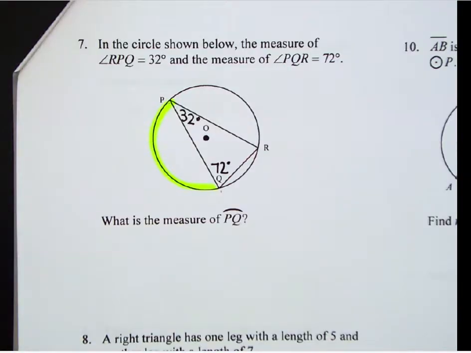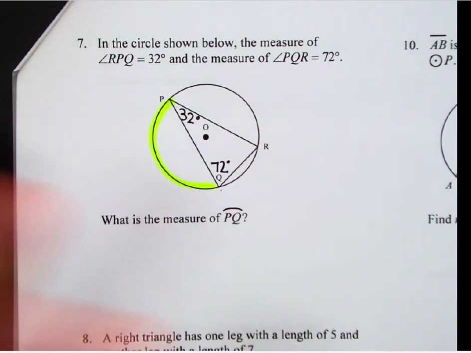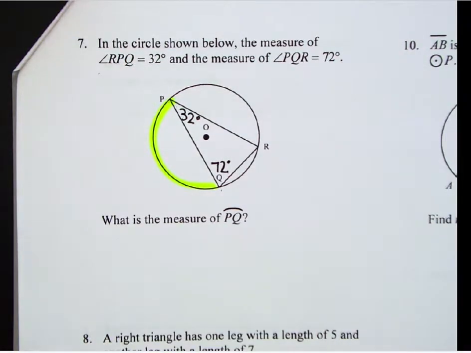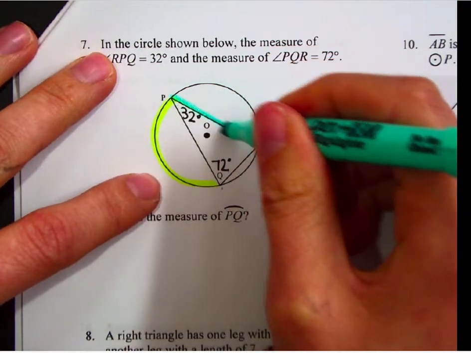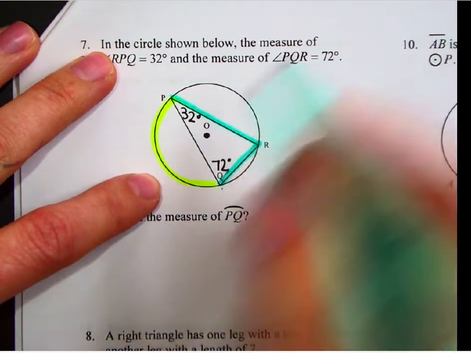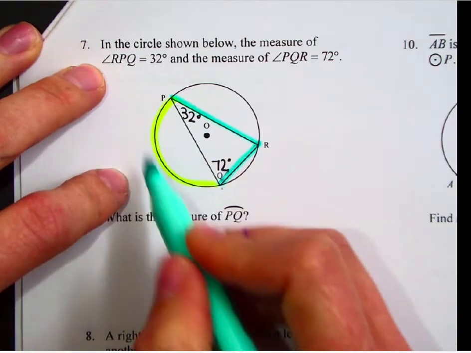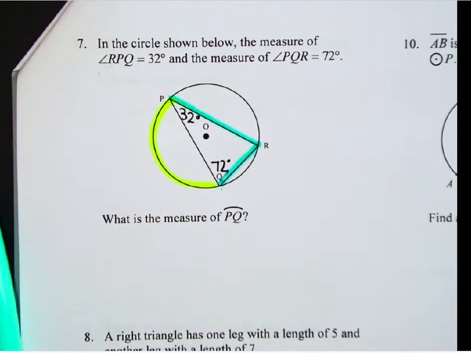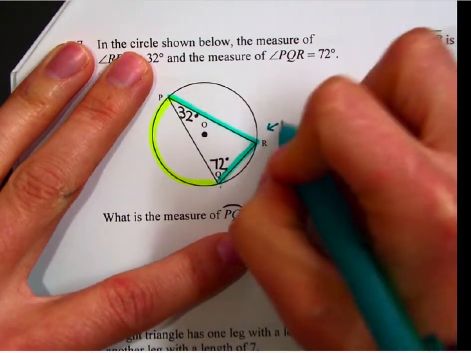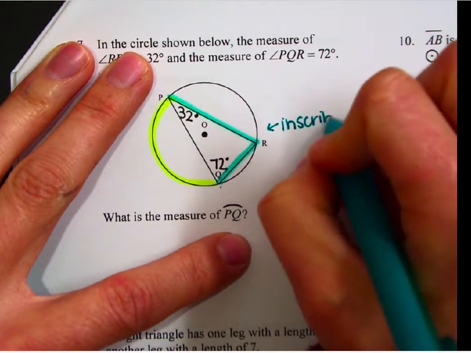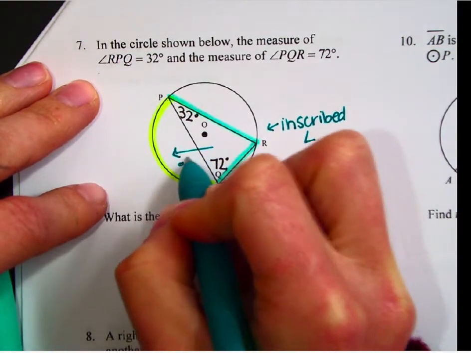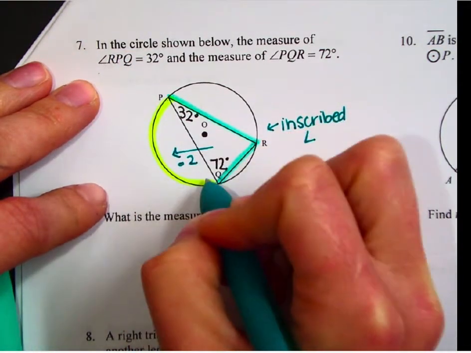So what we can do here, there's different ways to do it. I am going to see that this angle right here forms the arc PQ that we're trying to find the length of. This is an inscribed angle, and we know that for the inscribed angle, you multiply it by 2 to find the arc that it's forming.